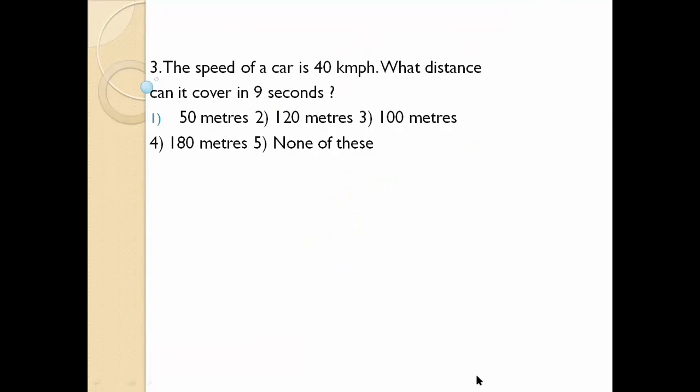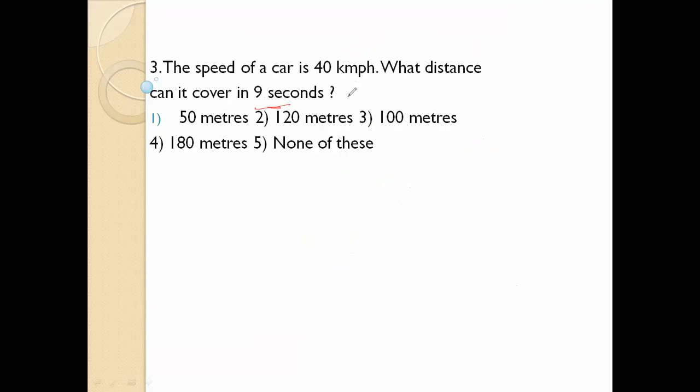Next question. The speed of a car is 40 kilometer per hour. What distance can it cover in 9 seconds? In 9 seconds, how much distance does it cover? 40 kilometer per hour means the speed for 1 hour.